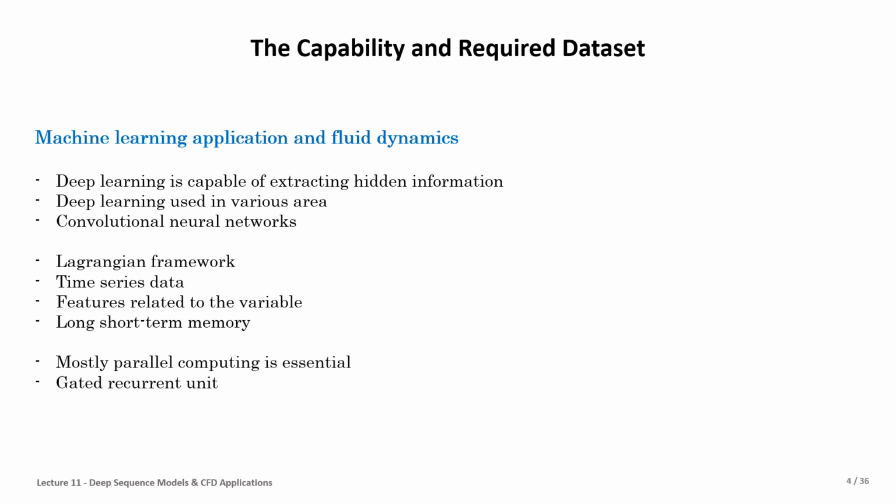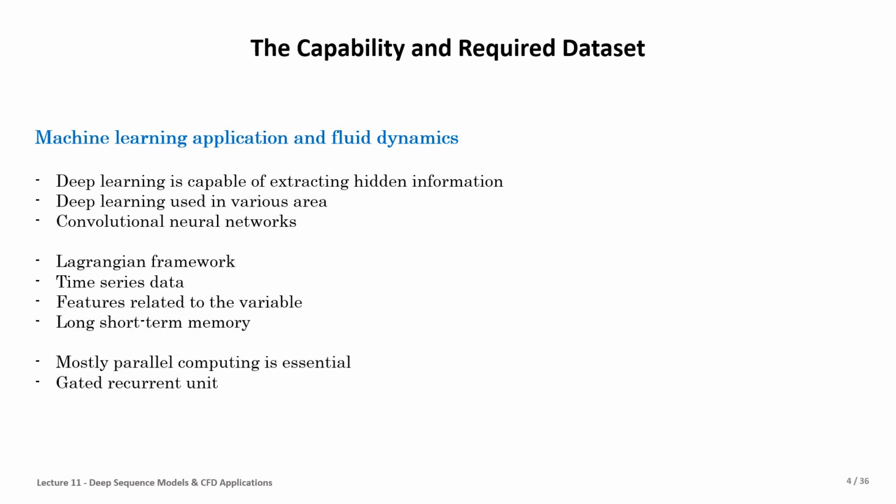One of the approaches is the convolutional network, and also the recurrent neural network. When we want to make contact between the available deep learning approach and the fluid dynamic area, it's required to determine a framework, which here is the Lagrangian framework.